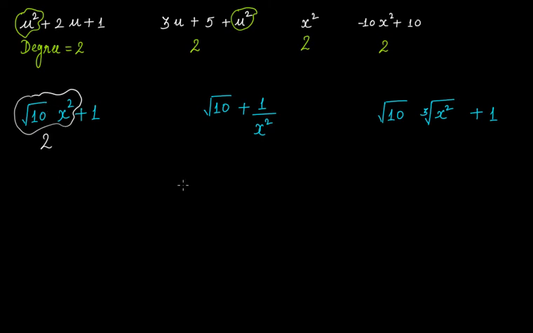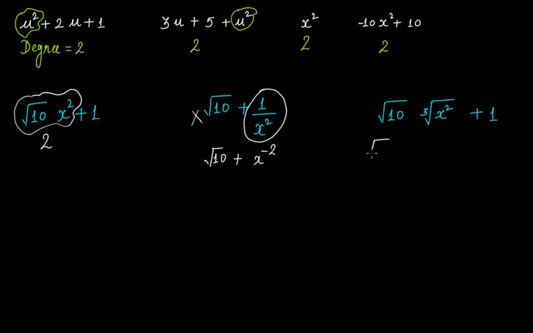What about this one? Well, this algebraic expression is not a polynomial. Why? Because when you look at this term, this is actually what? Square root of 10 plus x raised to the power of minus 2. Minus 2 is not a whole number. That's why this algebraic expression is not a polynomial. So no need to talk about this. What about this one? Same thing is applicable here.